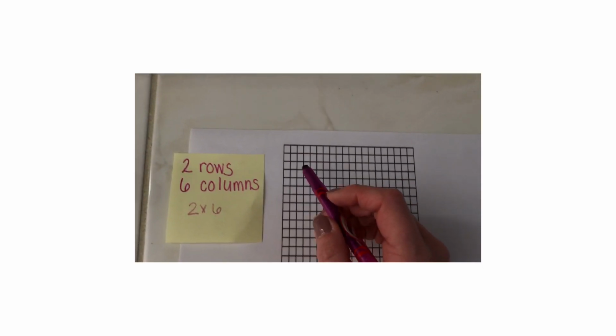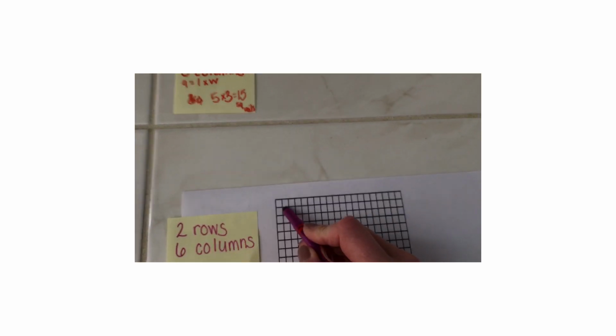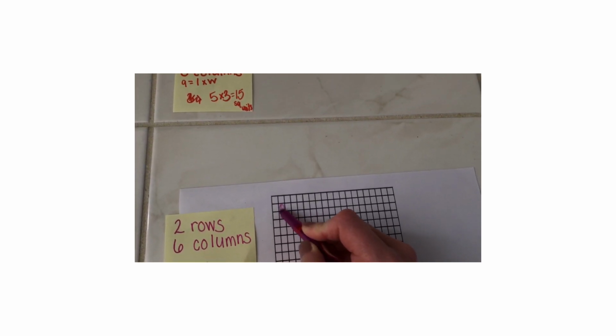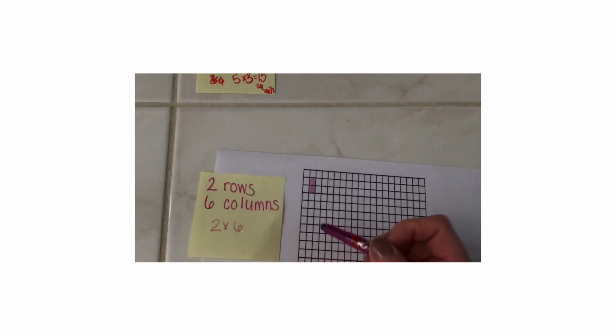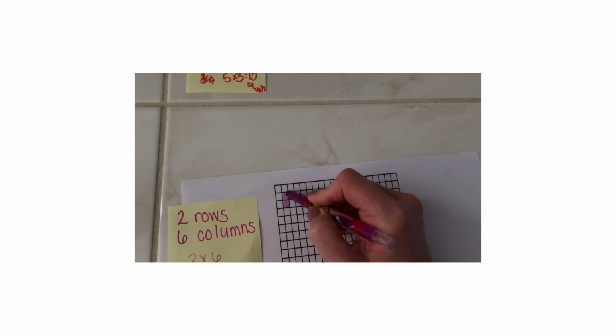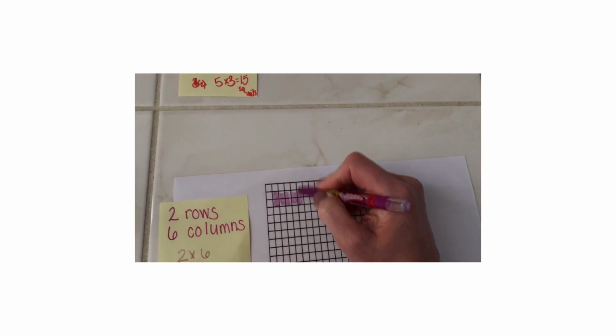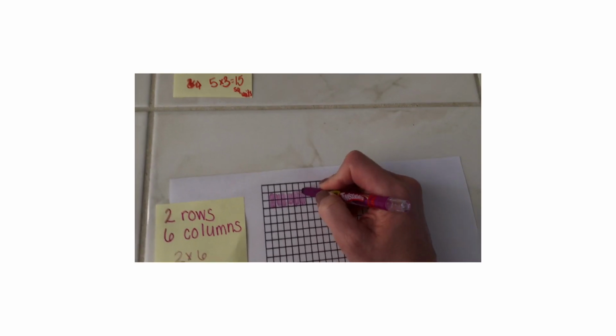Let's see. I'm going to come over here and I'm going to make 1 row and my second row. So I have my 2 rows. Now I need to make my 6 columns. 1, 2, 3, 4, 5, and 6.